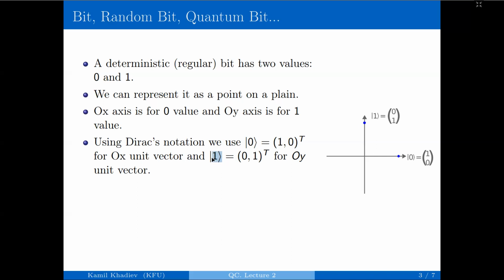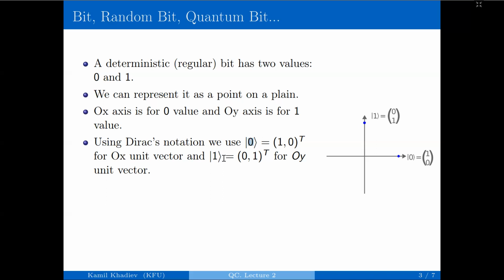Between them is just the name of the vector, the 1 vector and the 0 vector. And if we want to write a row vector, then we put the angle, the name, and then the line.